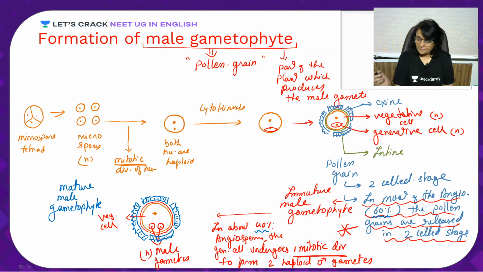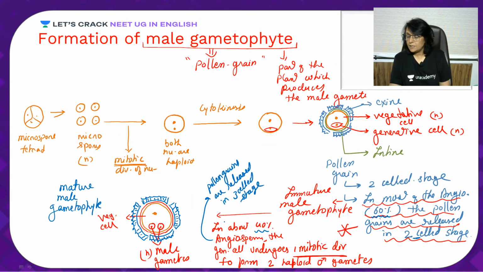Okay? In about 40% angiosperms, pollen grains are released in three-celled stage. In majority, they are released in two-celled stage. So now we know what is the difference between a mature and an immature gametophyte.